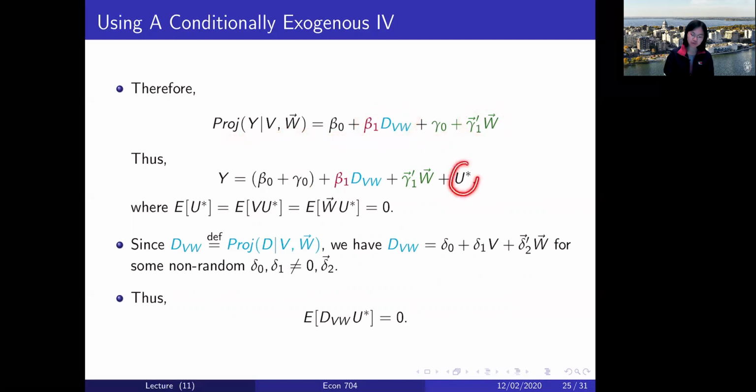Or in other words, if you define u star to be the difference between y and this projection, then y can be written as this function. Here, u star is defined to be y minus the projection of y given v and w.